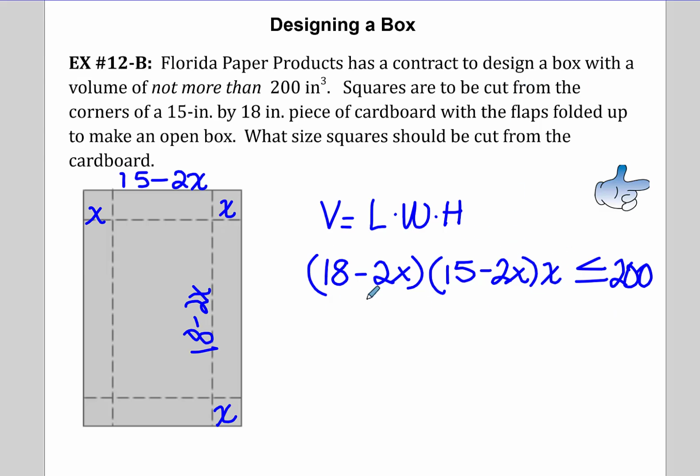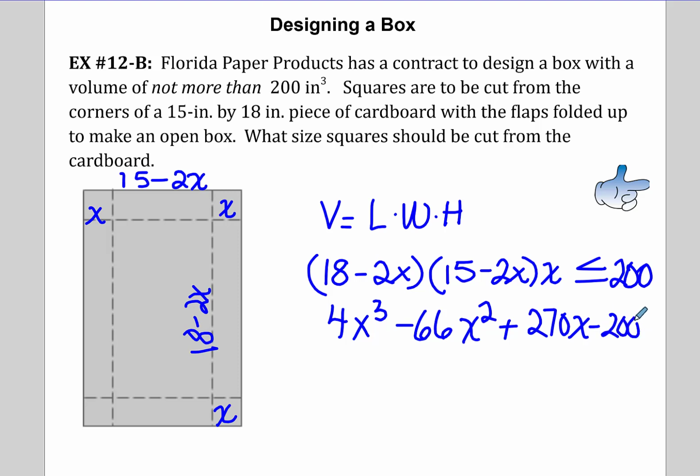When you FOIL this out, you end up with 4x cubed minus 66x squared plus 270x. And when you subtract 200, we're looking for where it's less than 0, right? Less than or equal to.